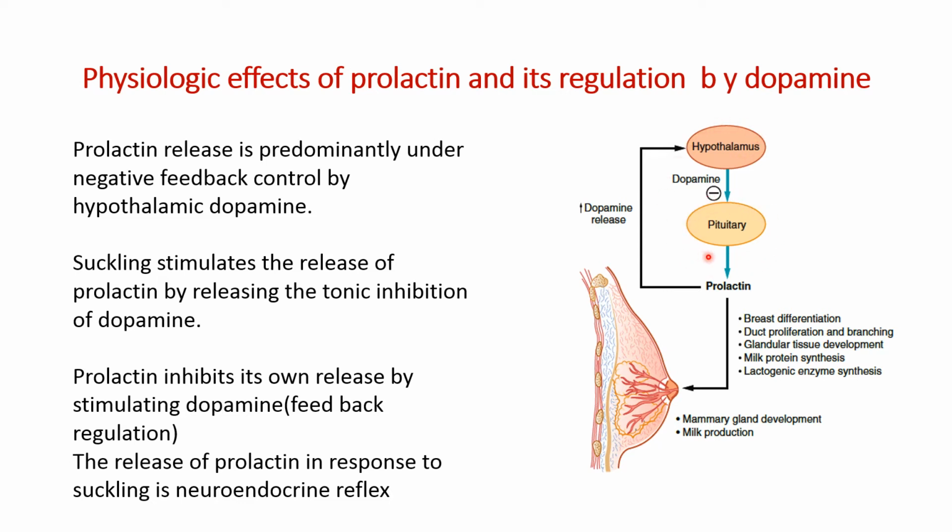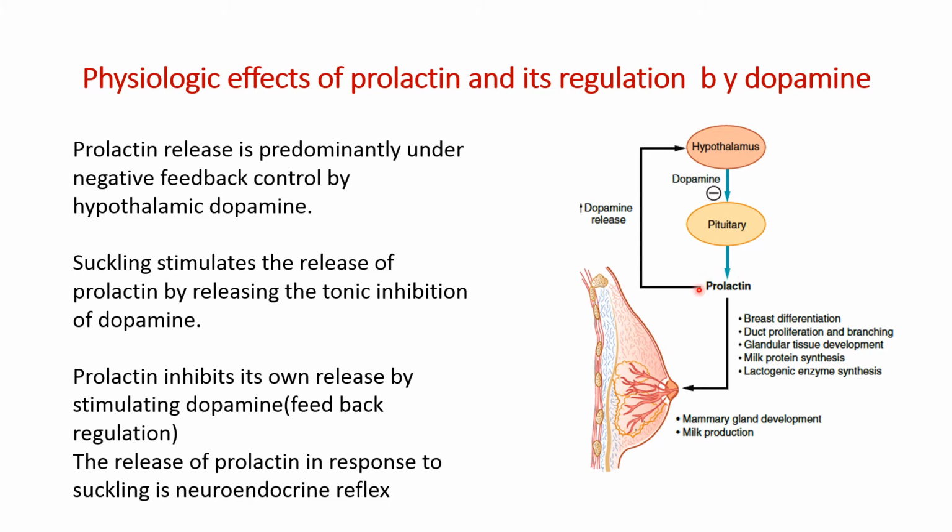You already know that dopamine is the prolactin inhibitory hormone, and thus prolactin secretion by the pituitary gland is under constant, or tonic, inhibition by dopamine. When suckling occurs, apparently, a signal reaches the hypothalamus and stops the dopamine secretion, and thus we release the inhibition from the pituitary gland, and the pituitary gland will start to release prolactin.